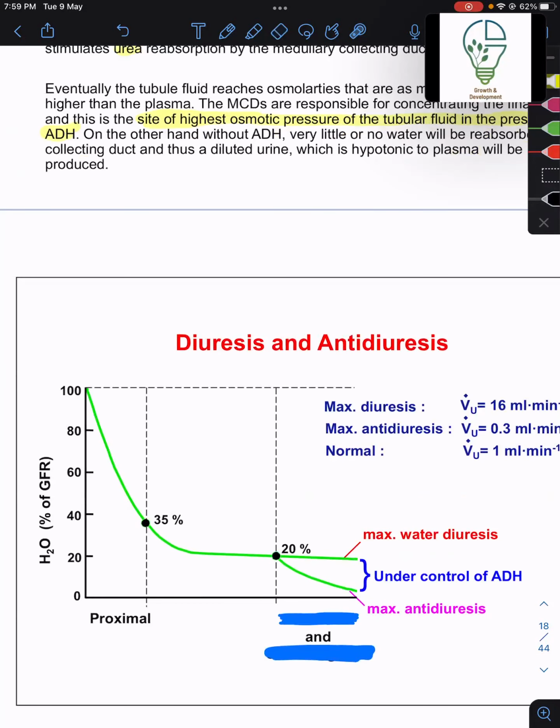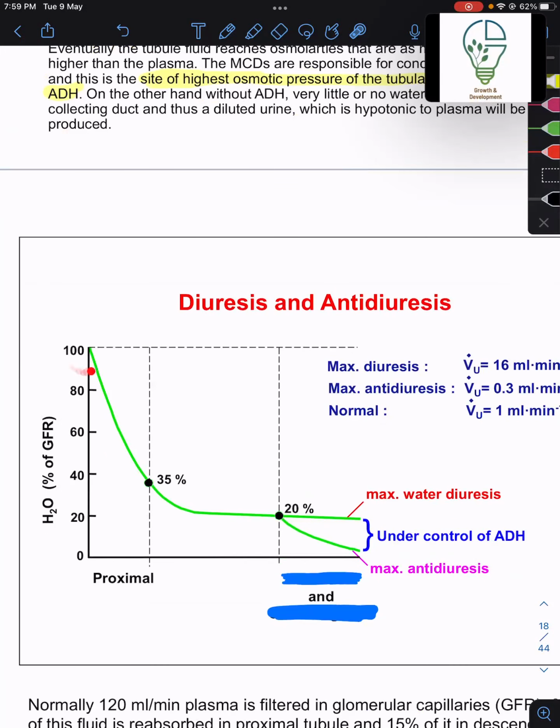On the x-axis, I have water, which pretty much is telling me the percentage of water. You can think of it as part of the tubular fluid. So if I have a very high percentage of water as my tubular fluid, that means that the tubular fluid is very dilute.